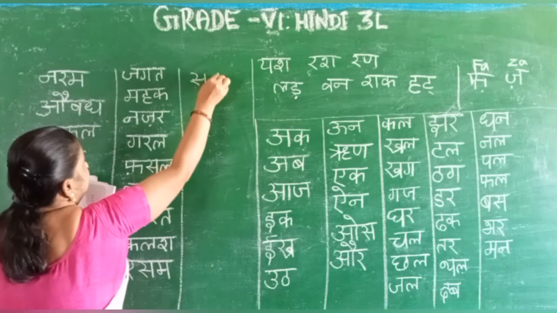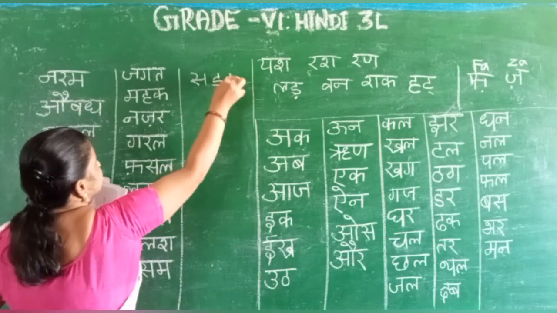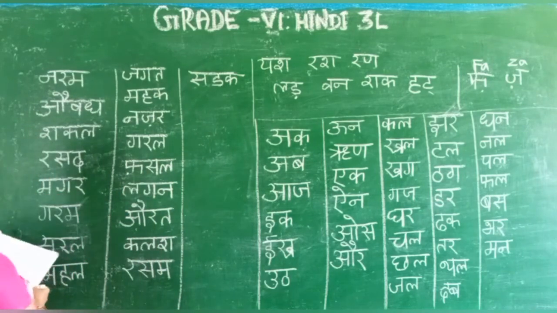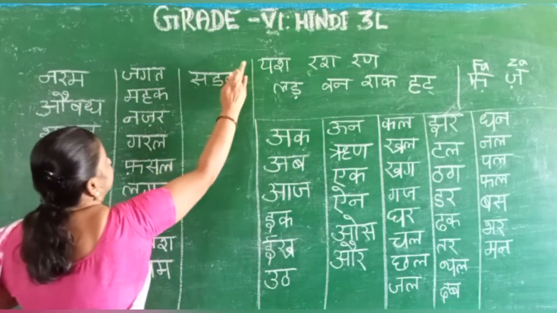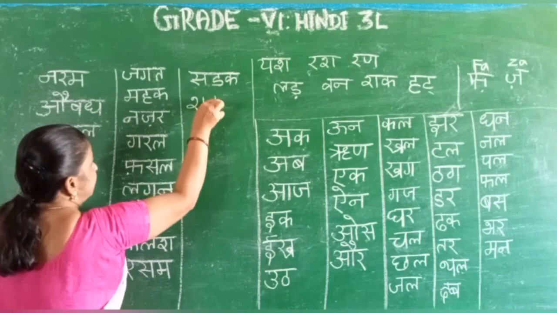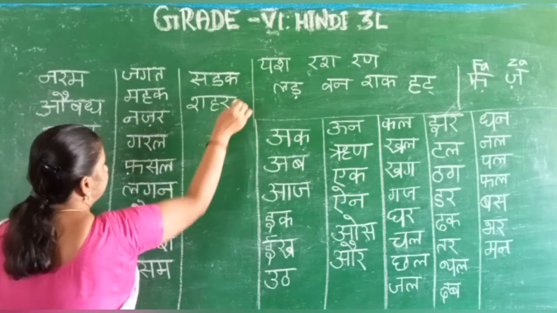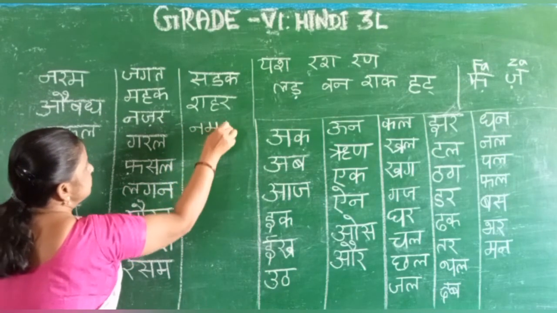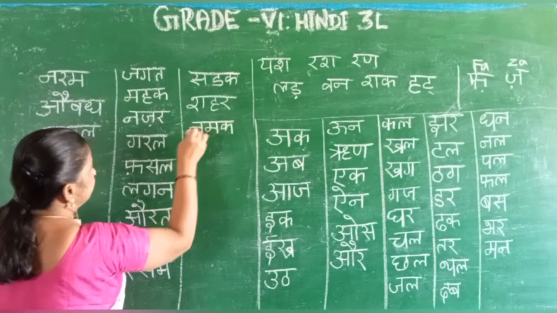Sa, da, ka, sadak. And next. Sha, ha, ra, shahar. Na, ma, ka, namak.